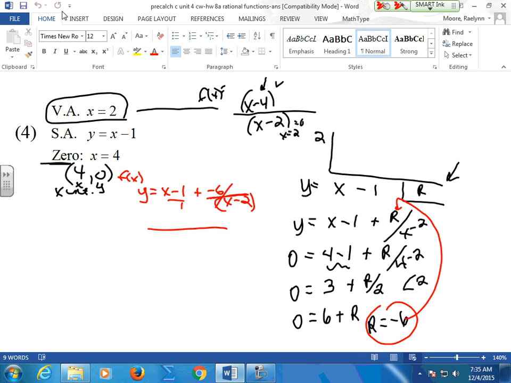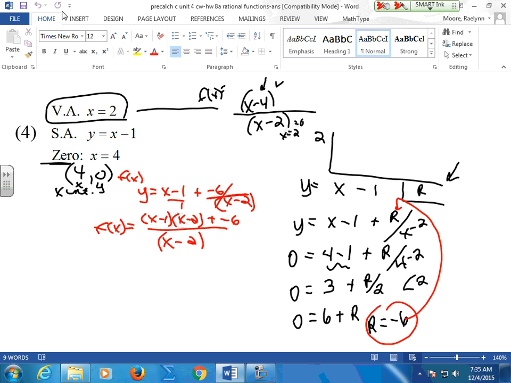X minus 2. This guy has a denominator of 1. This guy has an x minus 2. This guy has a 1. Keep this in parentheses. It needs an x minus 2. This guy has an x minus 2. -6. We can kind of see there's your vertical asymptote.